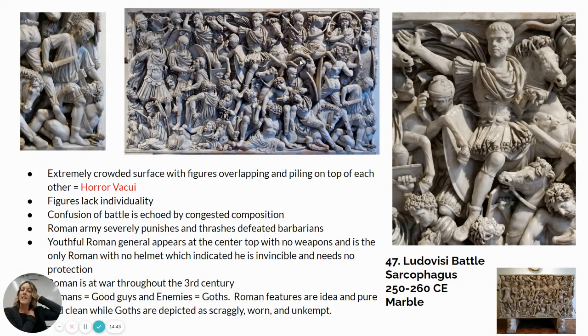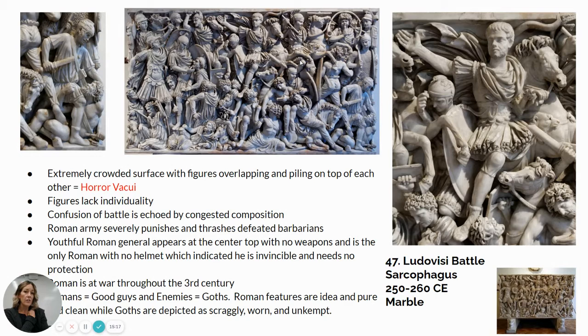What that means is that the composition and the surface is so crowded that there's literally no negative space left, that the positive space has devoured every ounce of the composition. There's no untouched surface. When you have something like that, that's called horror vacui. So that is what we're looking at here.